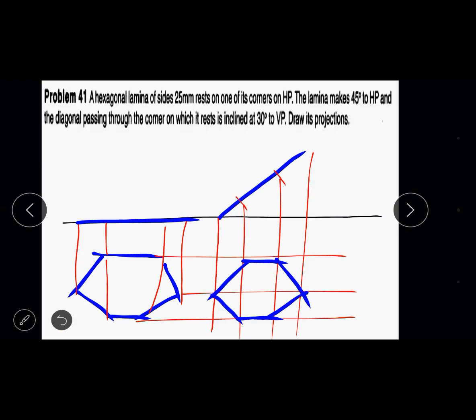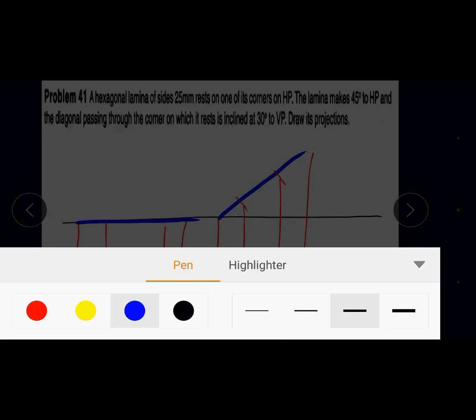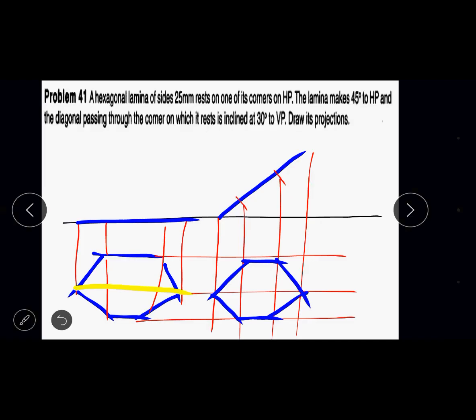Now, before proceeding to the next step, you should measure the median of both the laminas. I'll just use a yellow line. These are the medians I have drawn with the yellow line. So measure the median of both the regular lamina and the irregular lamina, that is, the first top view and the second top view.